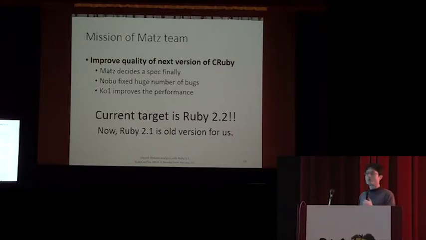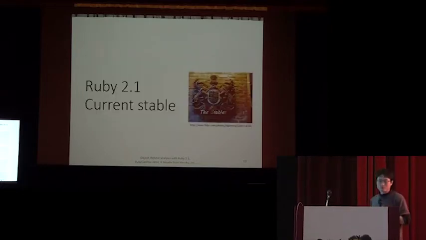So the current target is Ruby 2.2, and maybe some of you are using Ruby 2.1, which is the stable and newest version for you, but our current target is Ruby 2.2.